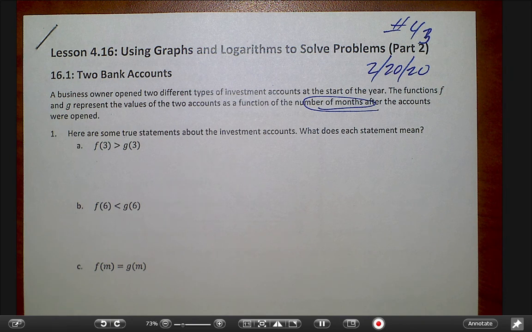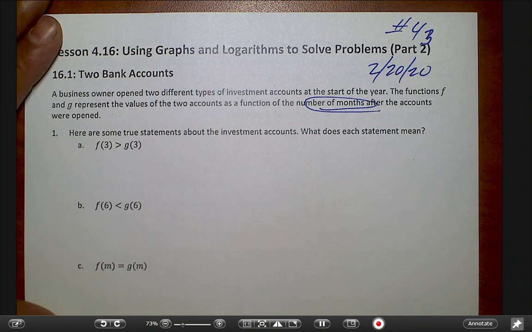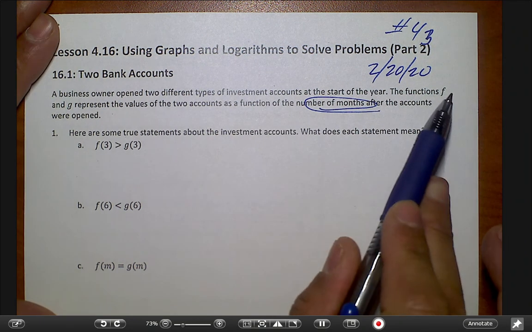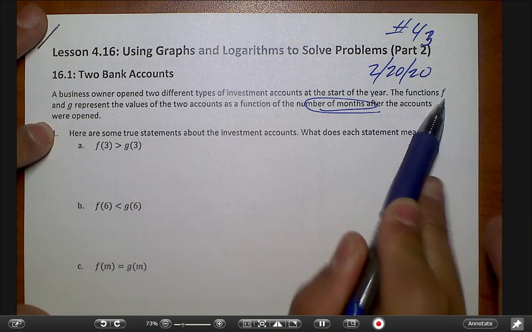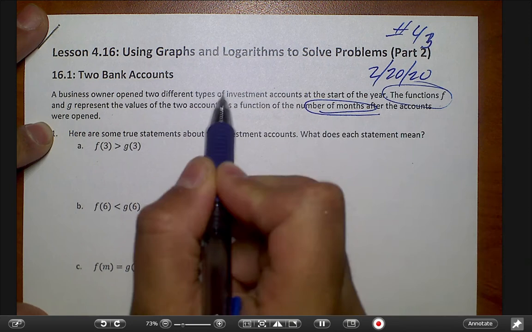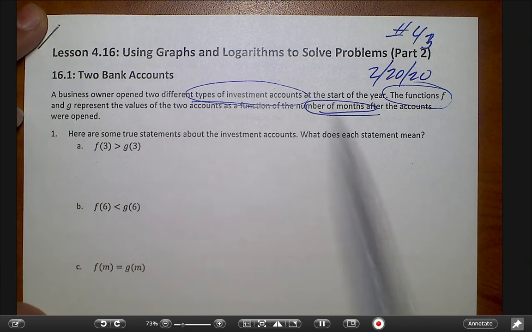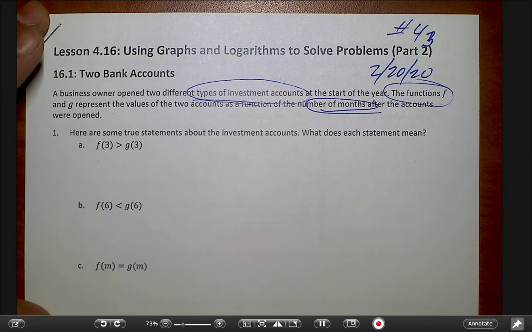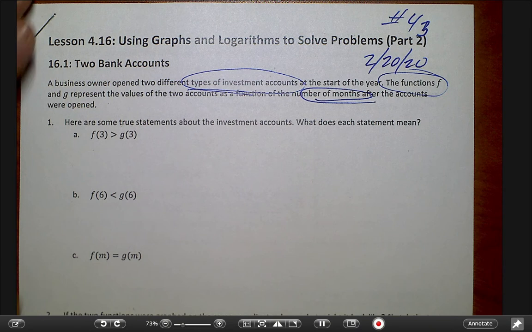At 3 months, account, open. Okay, so 2 different investment accounts. So account F is greater than G, right?